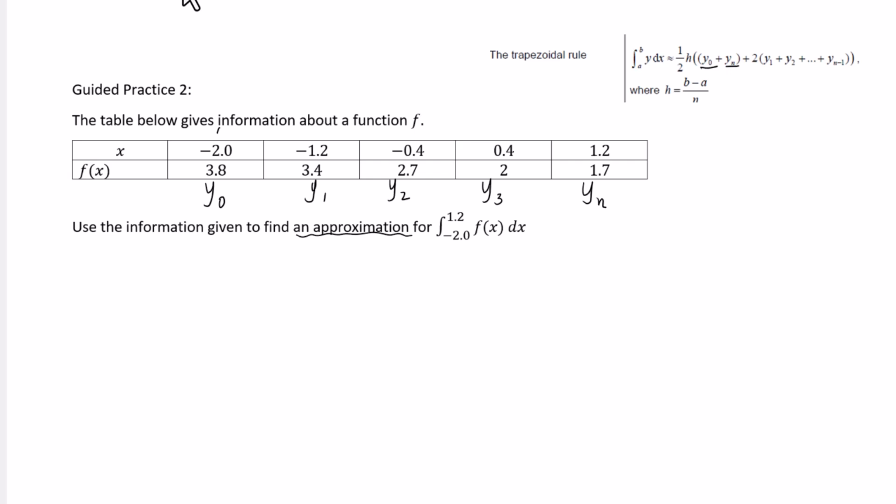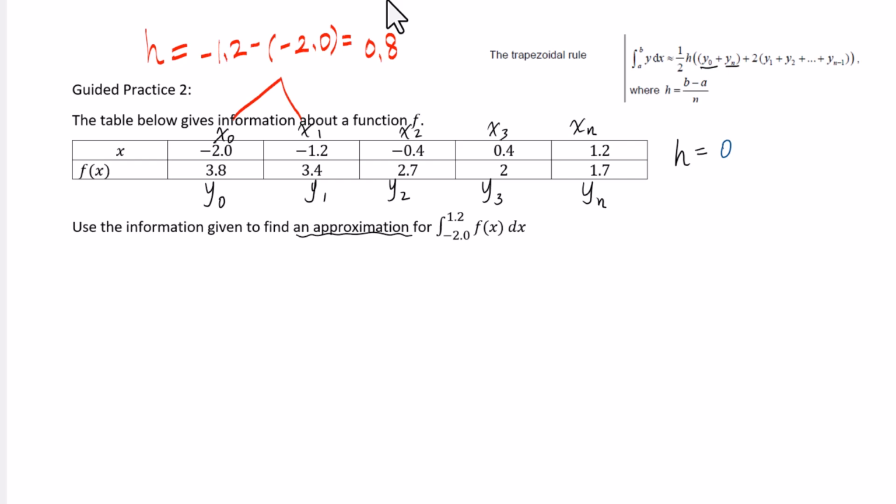Corresponding x values: x0, x1, x2, x3, xn. Then you figure out this h, the difference between x values: negative 1.2 minus negative 2.0. This will be h, which equals 0.8. So h equals 0.8.